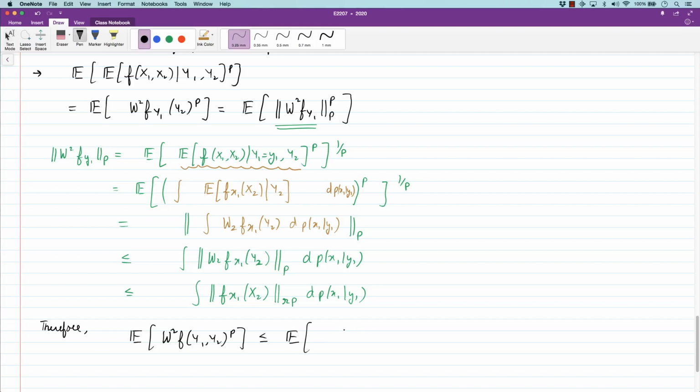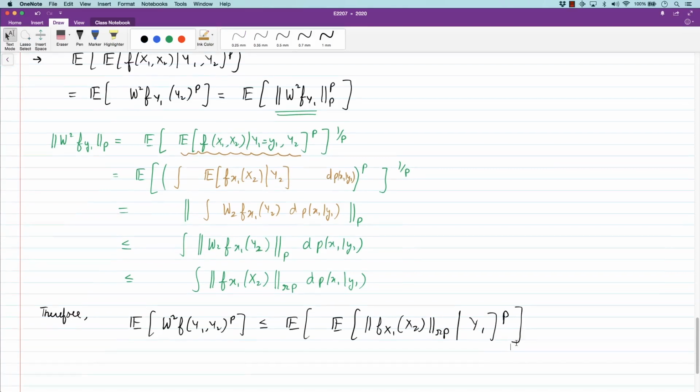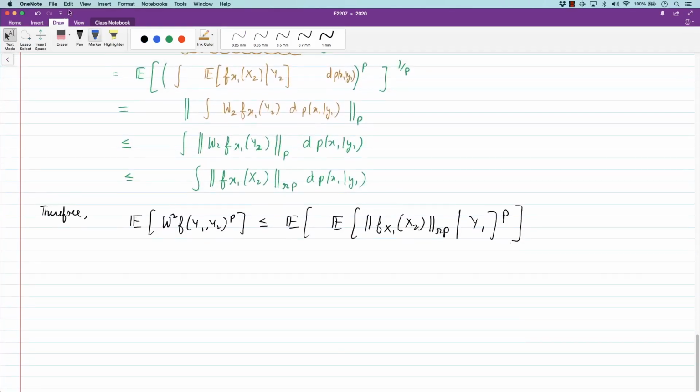And this whole thing to the power p, so that's the conditional expectation of f of x1 x2, the rpth norm of this random variable, this expectation given y1, whole to the power p. That's where we have reached.